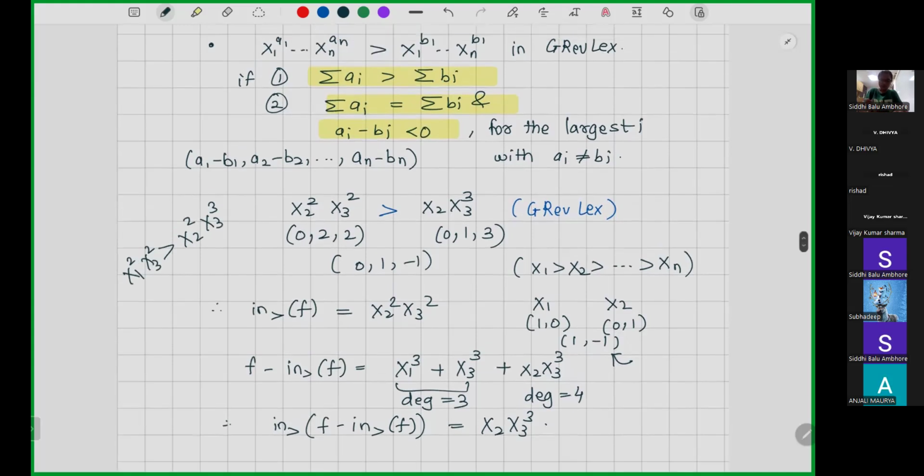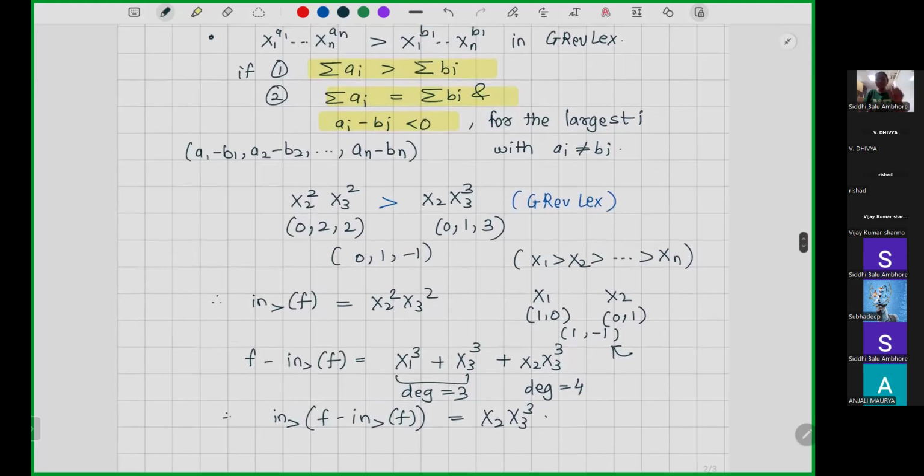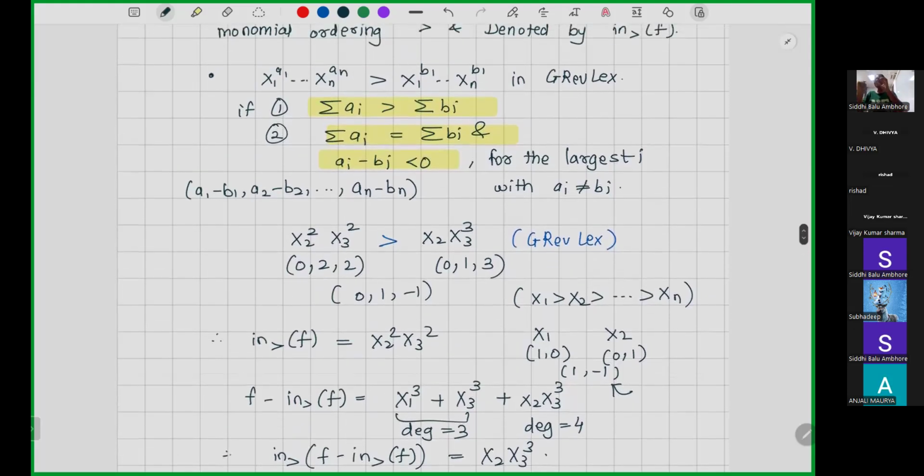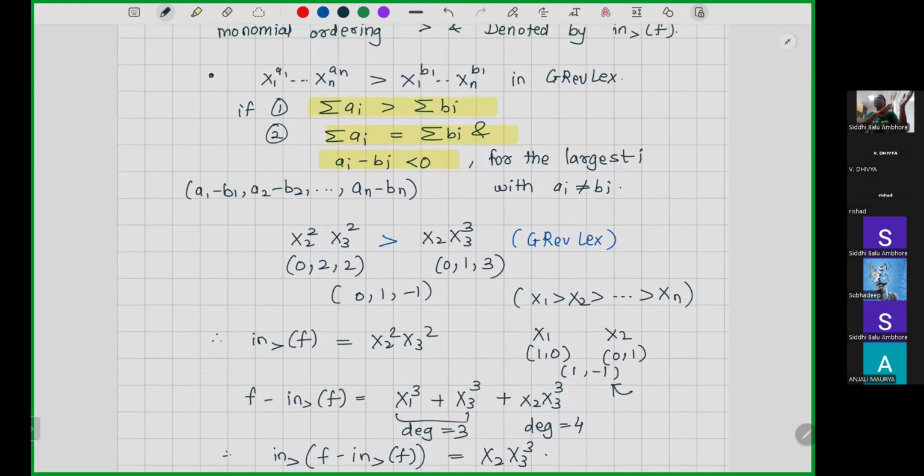What I was writing, here it must be square. I got confused. So the thing is, you just have to look at the last degree. Don't look at it the way we did for lexicographic order. Try to look at it as the largest term where ai minus bi is less than 0 becomes our highest term.